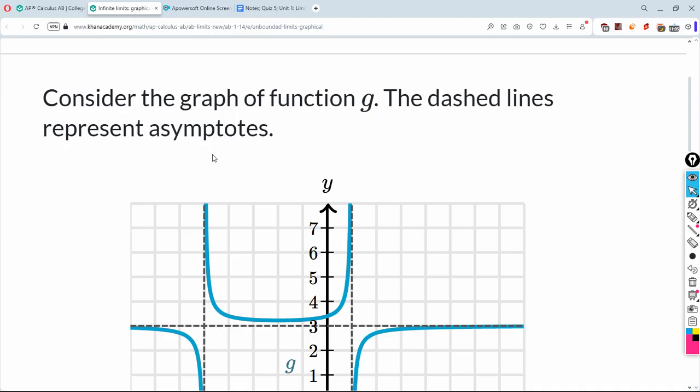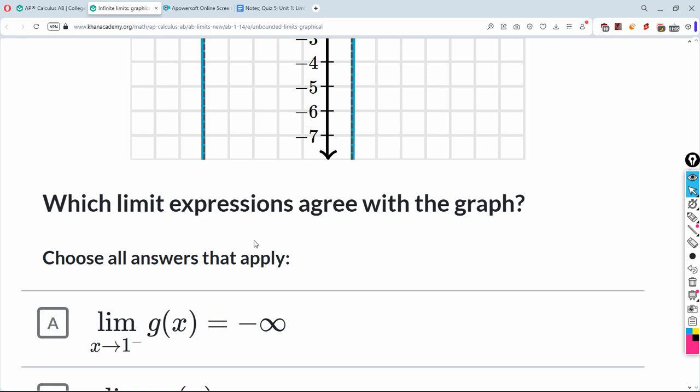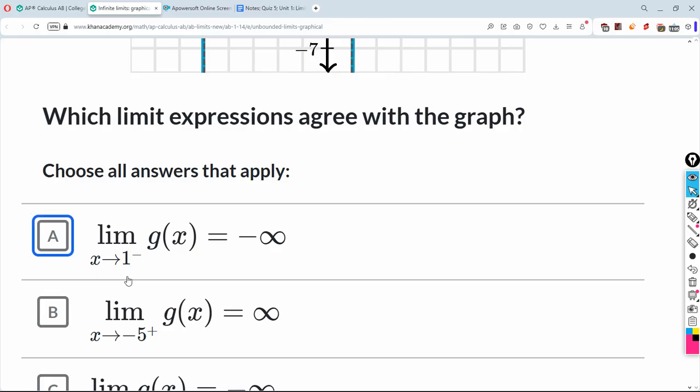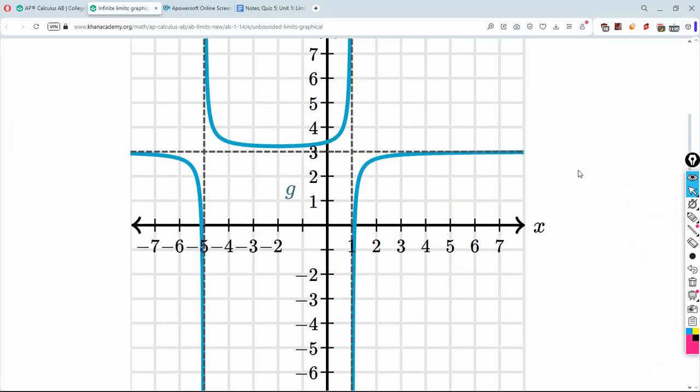All right, the dashed lines represent asymptotes. Which ones agree with the graph? Choose all answers. Limit as x approaches 1 from the negative side. See if it's negative infinity. Okay. Here's x equals 1.